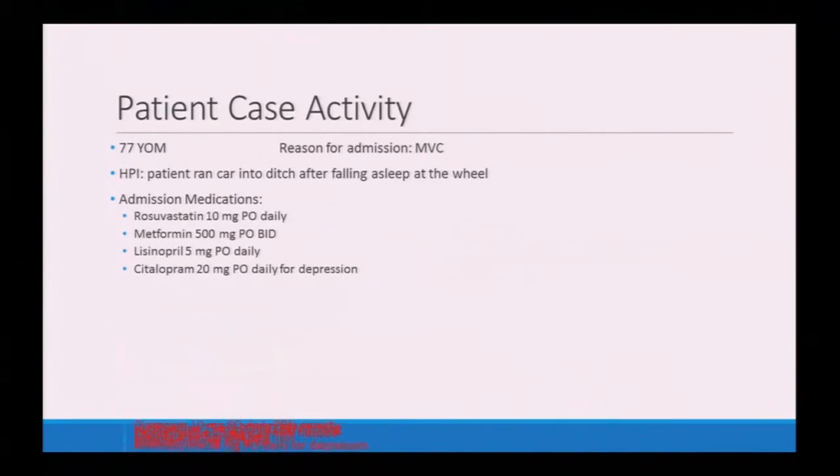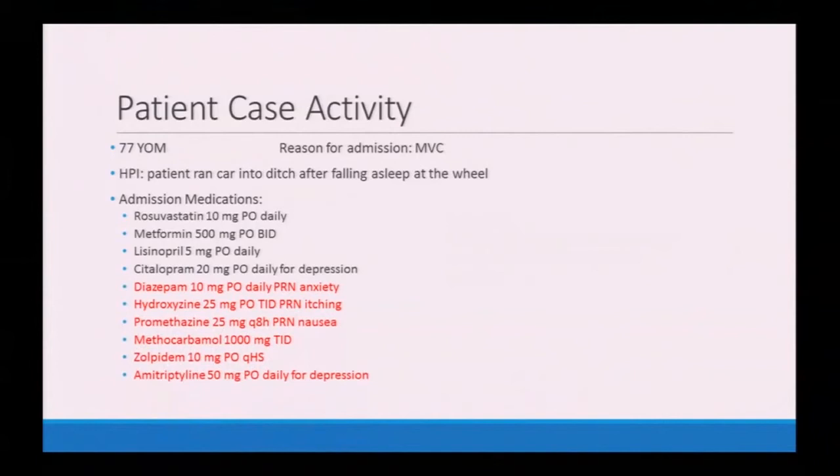Okay. So if you guess the bottom half of the list, then you would be correct. And we'll talk about each medication specifically later on in the presentation.